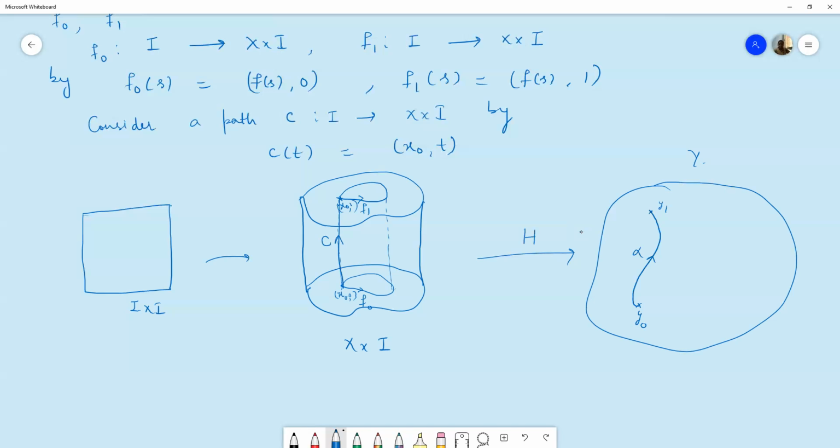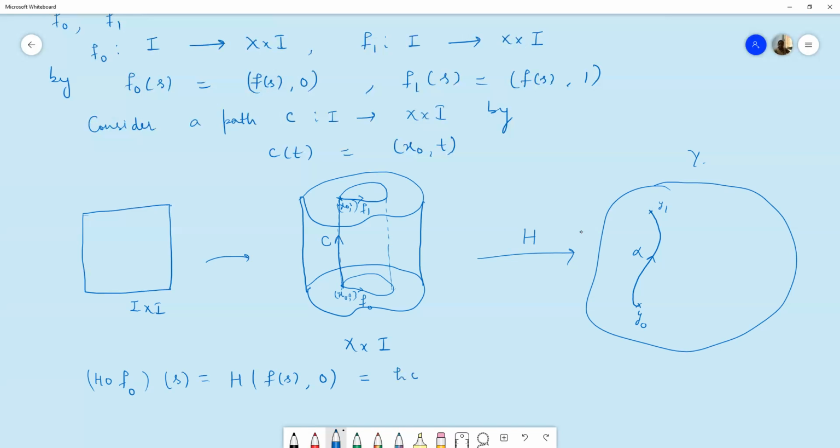So that means capital H is a mapping from X cross I to Y. And we know under this homotopy, what is H circle f naught? H circle f naught is basically H of f_s naught, and H of x0 goes to small h of s.